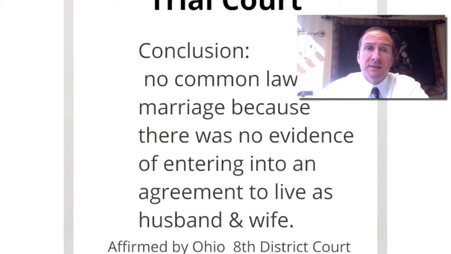And again, that present intent to become married seems to be the linchpin in this case. This went to the Ohio 8th District Court, and this trial court was affirmed, and so this was not a common law marriage situation. So the couple did not have to divide their assets when things went south and divorce was sought.